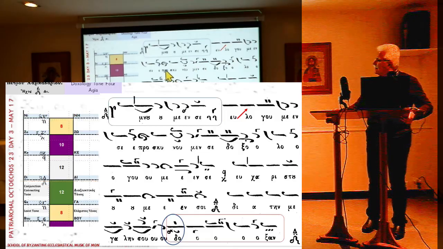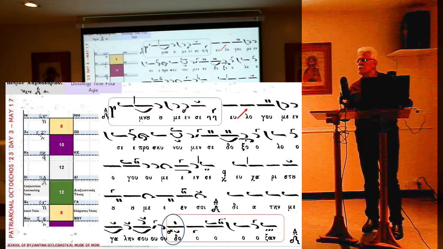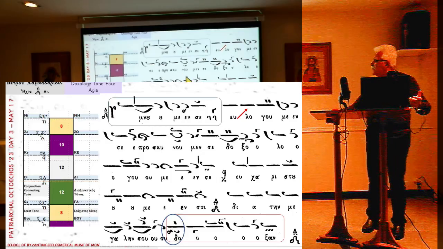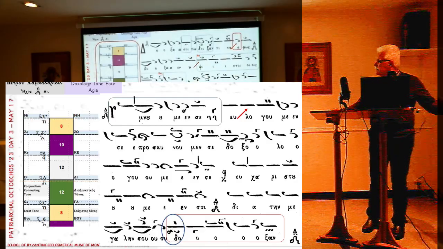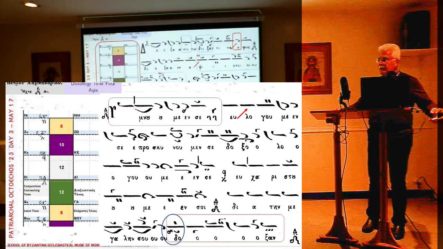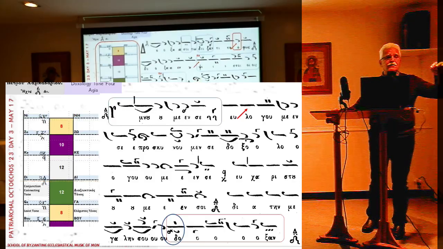And listen, this phrase, προσκυνούμενσε, δοξολογούμενσε. Προσκυνούμενσε in English? We worship you and glorify you. In the previous part, it was και επί γης ειρήνη, peace on earth.